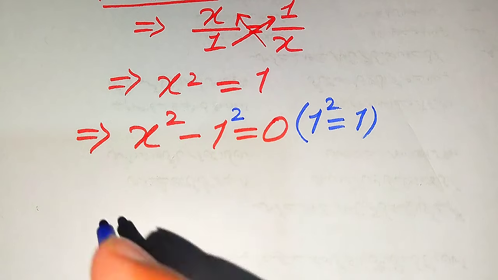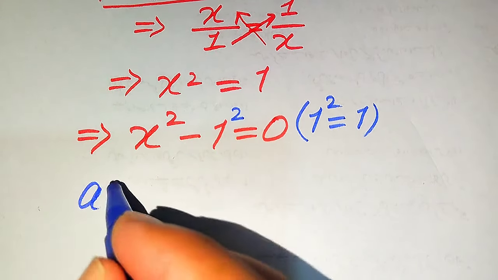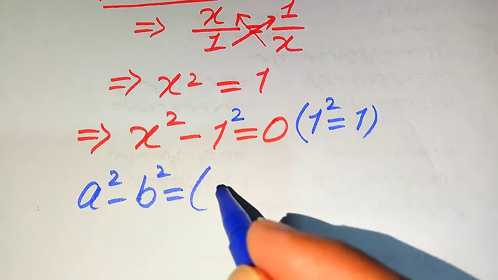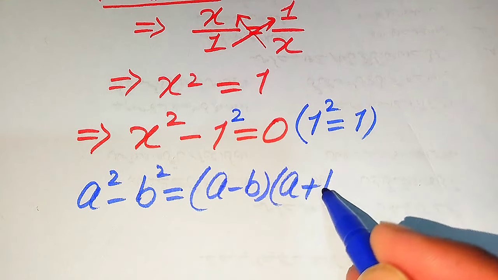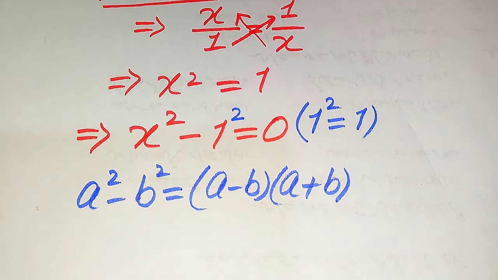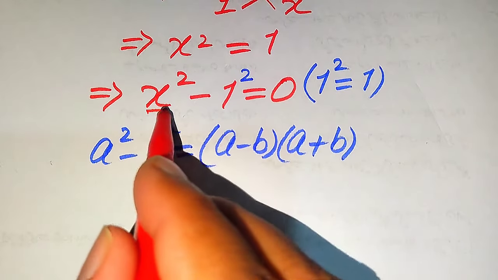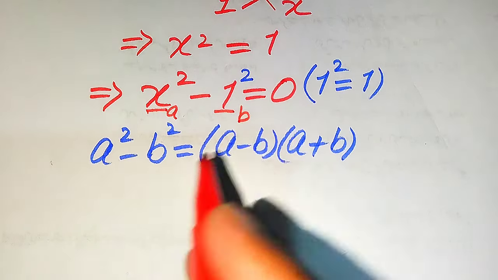Further, in the next step we use the nice algebraic formula, and you know that a square minus b square equals a minus b times a plus b. This is our algebraic formula, and here the base of this term is our a and the base of this term is our b.